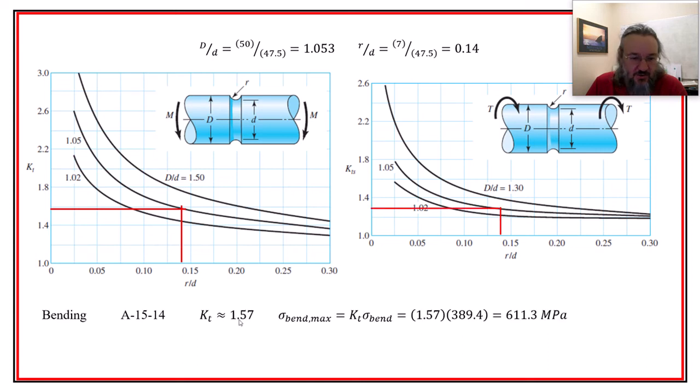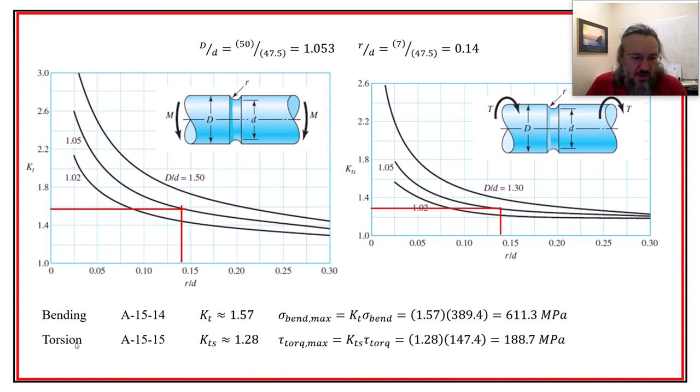So I decided this is 1.57, and so I have a maximum bending stress because of stress concentration of 611.3, and then I have a torsion stress concentration of 1.28, so I have a total torsional shear of 188.7.